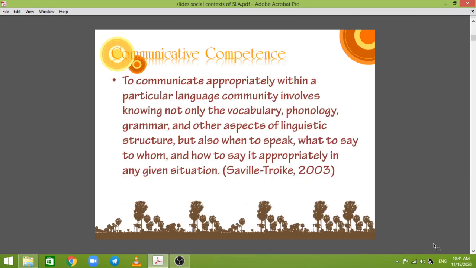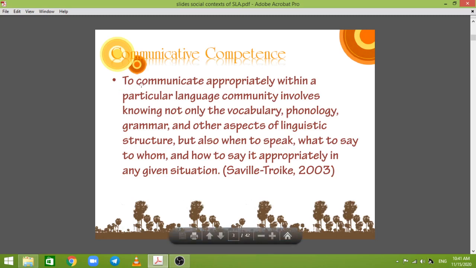I would like to begin from the definition of communicative competence. This definition was provided by Zawil and Troike in 2003. They defined communicative competence as follows.